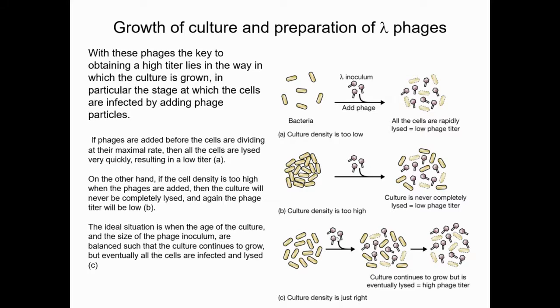And then you have to do some experiments to determine the optimum condition, so that the amount of phage you add to the bacterial culture gives the phage enough time to infect all the cells, and then reproduce, and you get the maximum product. Okay, that's a high phage titer. So that would be some instruction when you use the bacteriophage to multiply the DNA.